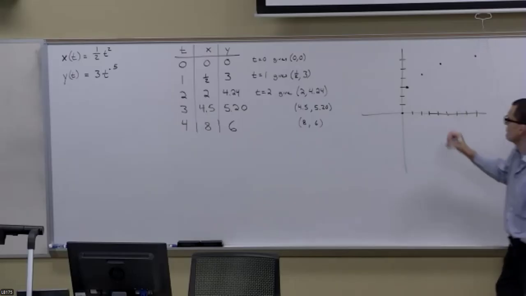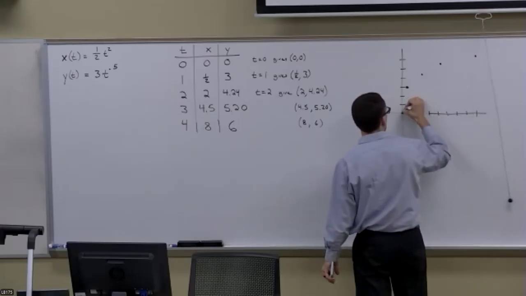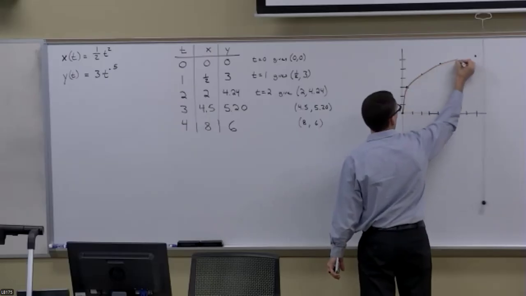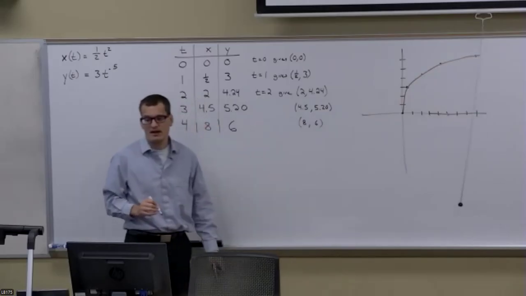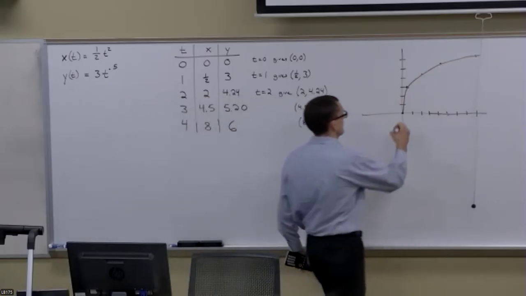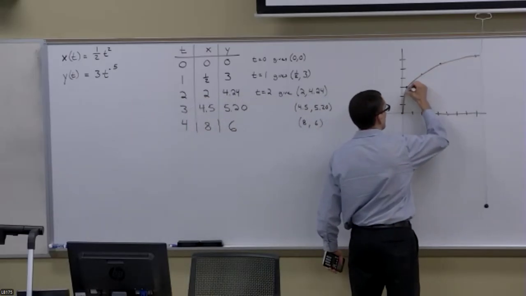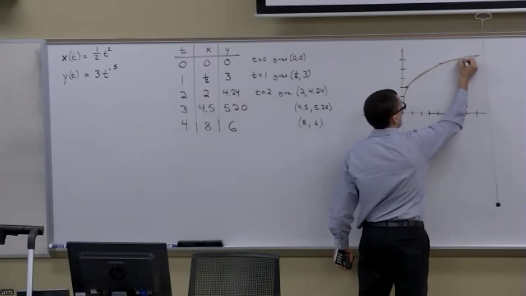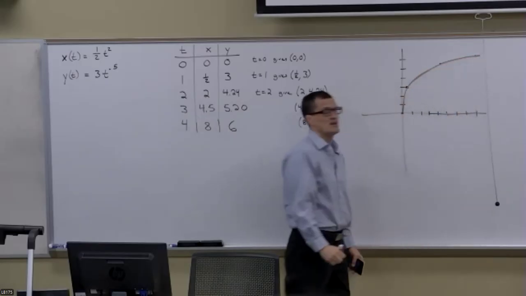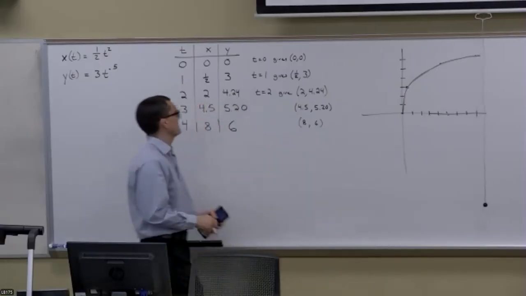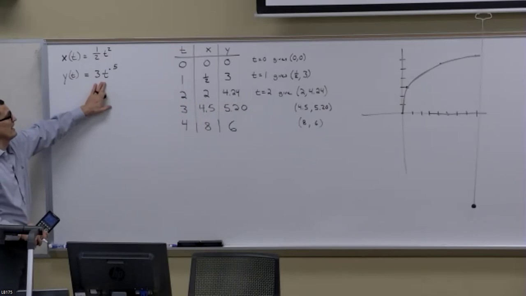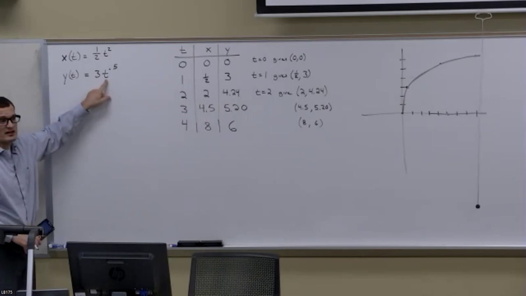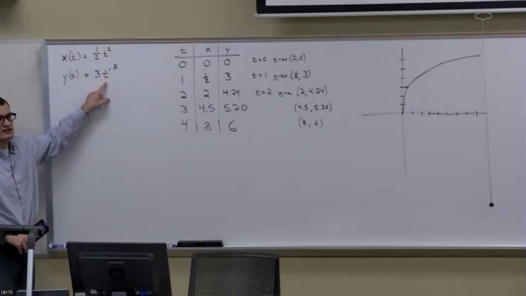Looks like this pattern. Something like that. Okay. Again, I'm not drawing it as smooth as it probably is, but something like that. By the way, in this case, just so that we know, we wouldn't want to plug in negative values for t because it involved taking a negative value to the 0.5 power.